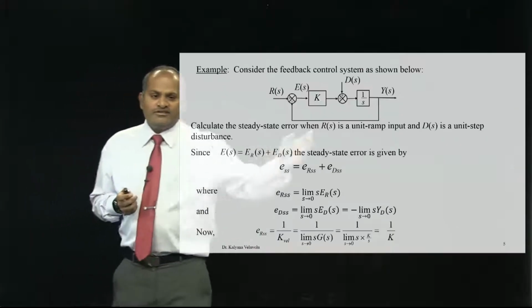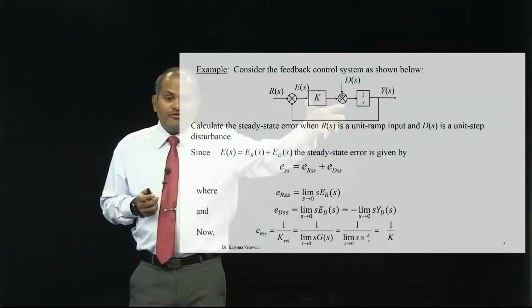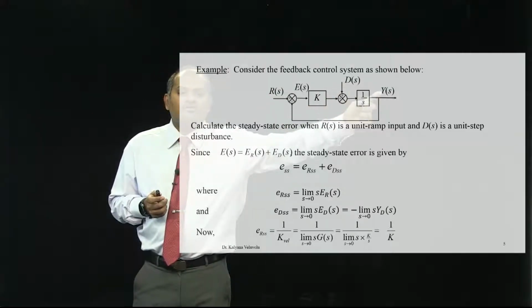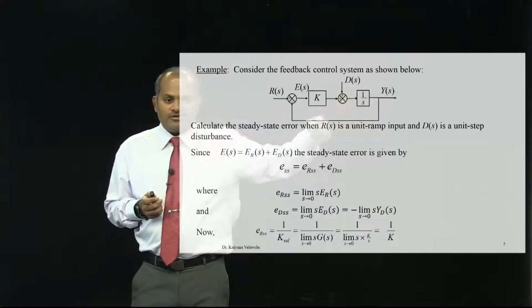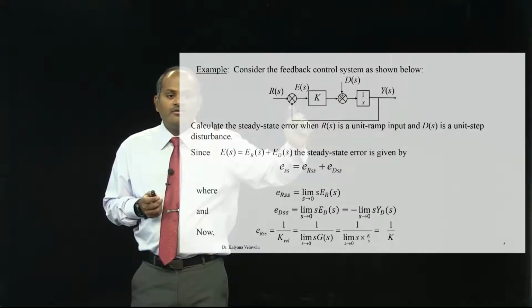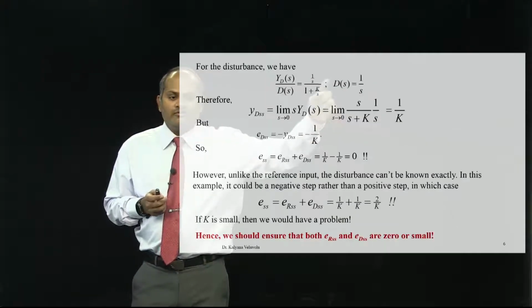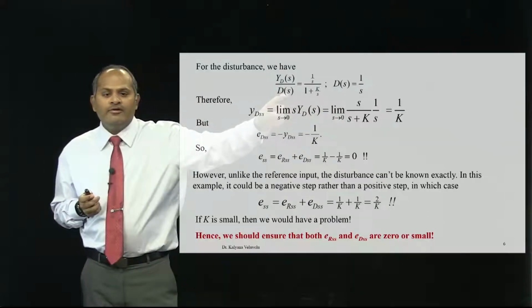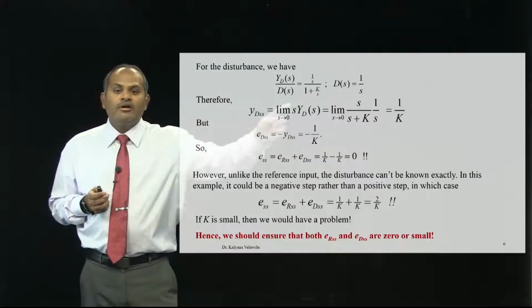For the disturbance, very important, select R equal to 0, make this one 0 and find the transfer function between D and Y. I change the transfer function, this becomes feedback, so this minus goes here. You have a different transfer function, which is YD to D, the output due to the disturbance.